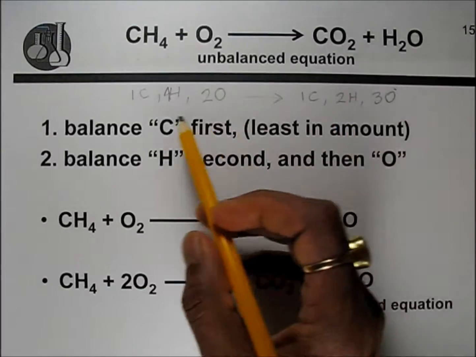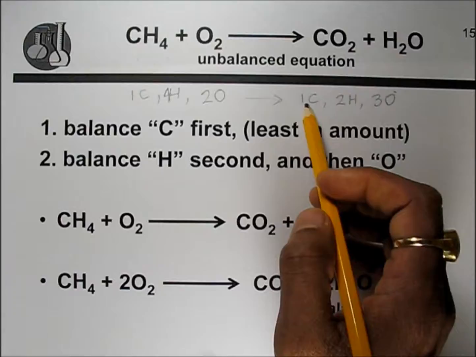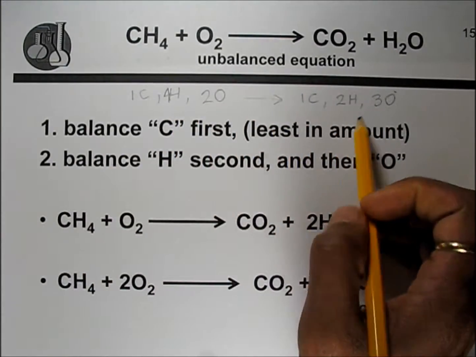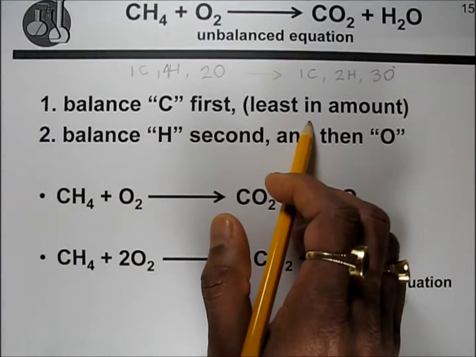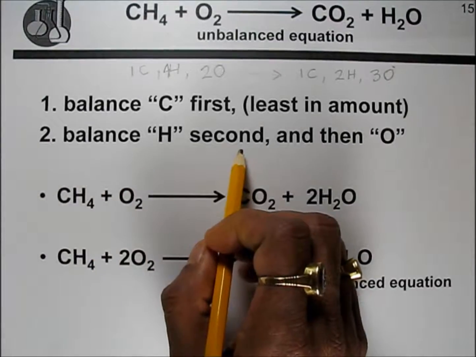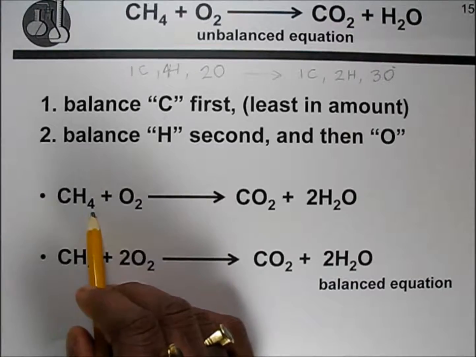Carbon is in the least amount. According to the rule, we will balance this first, and then we will balance hydrogen and oxygen at the end. So balance carbon first because it is in the least amount, hydrogen second, and then oxygen.